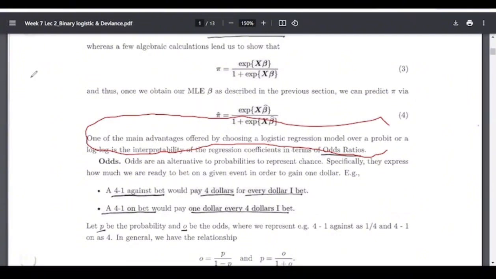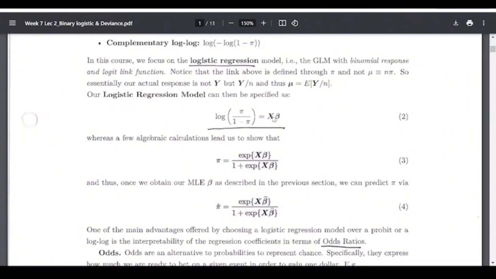Now the one we're using now, please pay attention. If you don't understand, please ask a question. The one we're using now is this one. You see equation 2, the log of odds ratio. If we have estimated regression parameters, we can solve for pi, and that would lead us to equation 3.